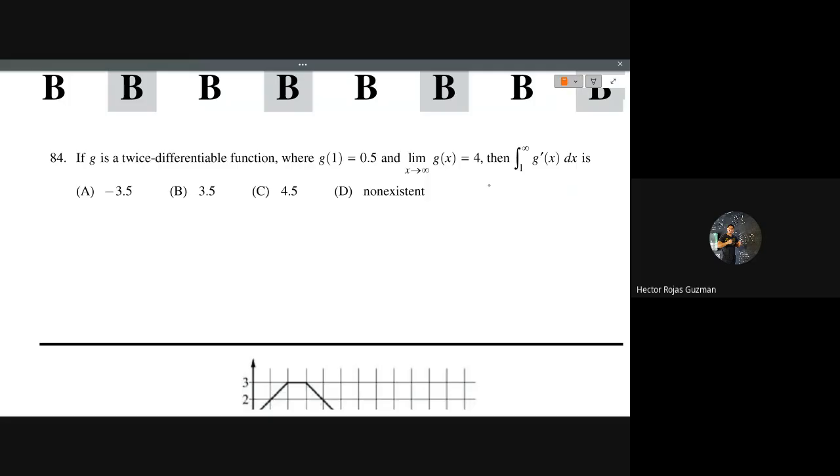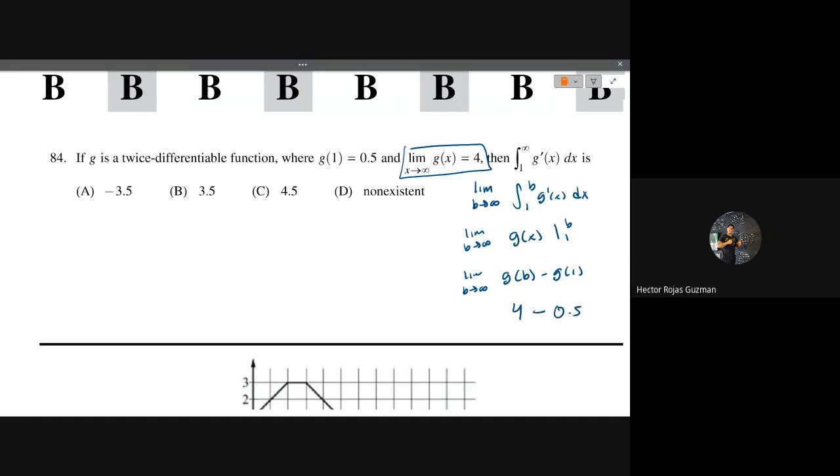We're going to do the limit as b approaches infinity of the integral from 1 to b of g prime of x dx, which is g of x evaluated from 1 to b, still with the limit as b approaches infinity. So then we have g of b minus g of 1. The limit as b approaches infinity of g of b is 4, because we have it right here, minus g of 1, which is 0.5. The answer here is 3.5.